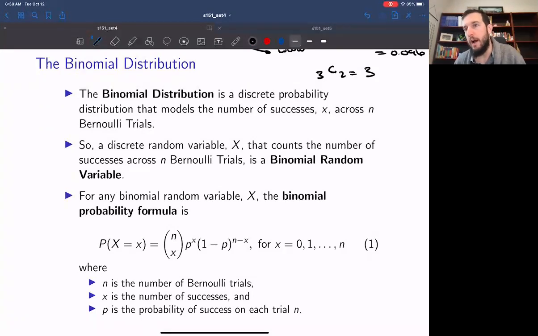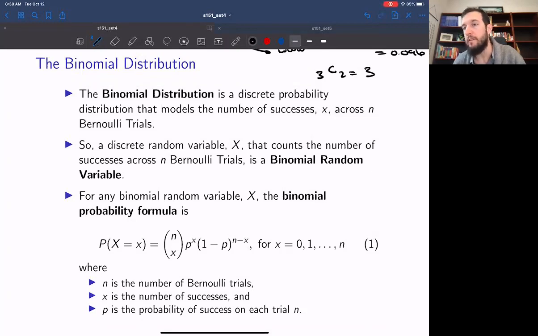Now, for our purposes, one of the most important results for a binomial random variable is the probability formula, which is given in equation 1. What this formula allows us to do is compute the probability of observing X successes across little n Bernoulli trials.